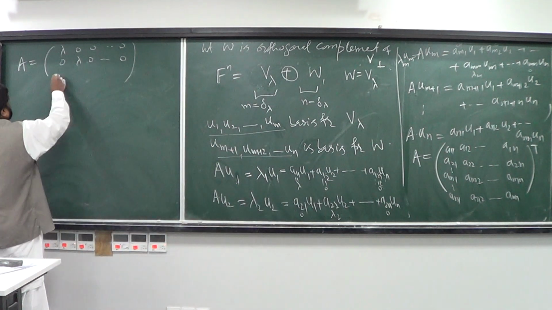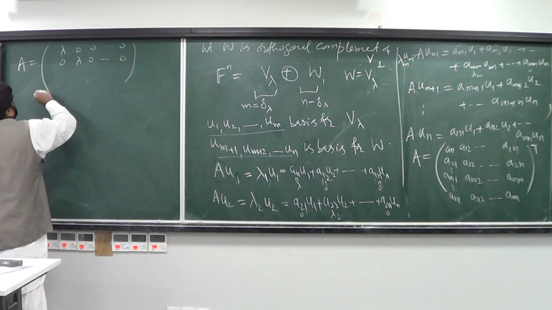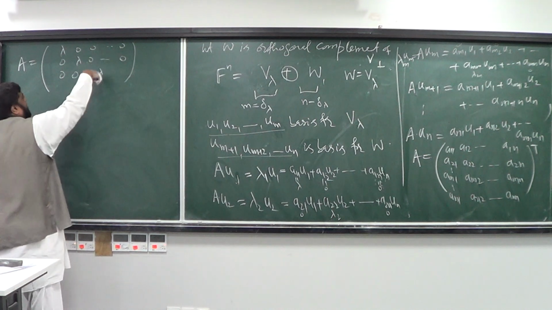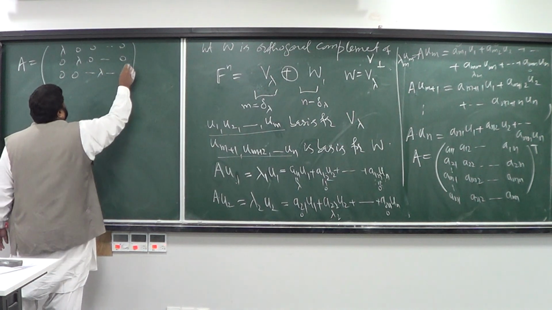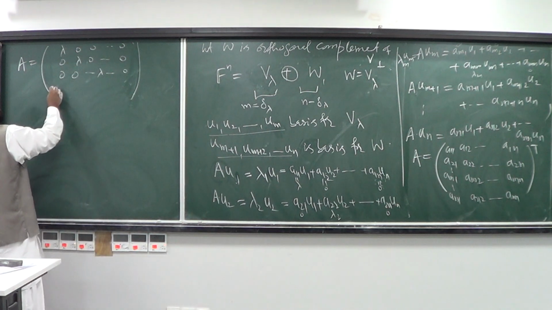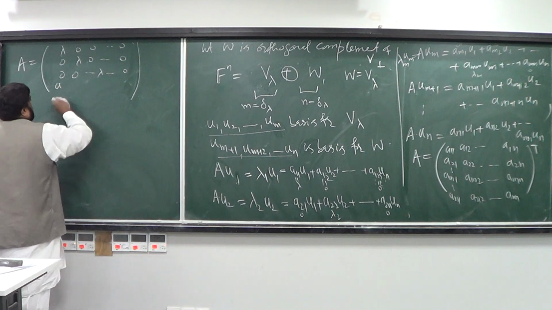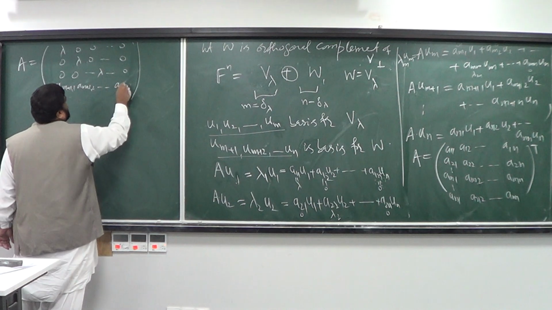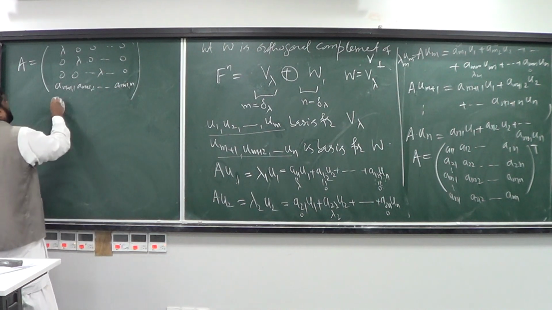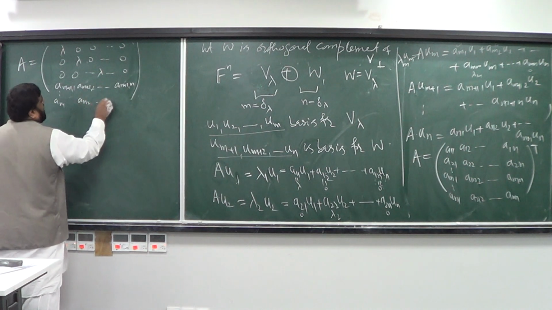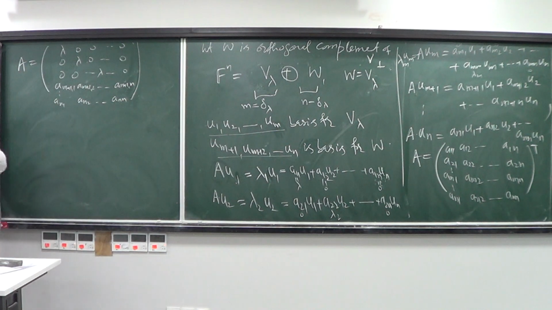And the mth row is going to be 0, 0, and lambda would come somewhere in between at the mth position. The rest of the rows are not necessarily zeros. So you're going to get a_(m+1),1, a_(m+1),2, up to a_(m+1),n, and the final row is going to be a_n1, a_n2 up to a_nn. This is what you're going to get.